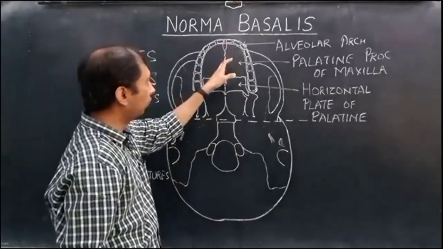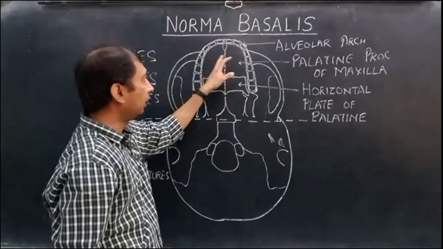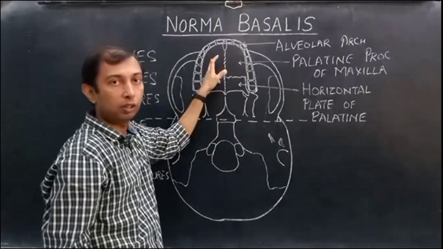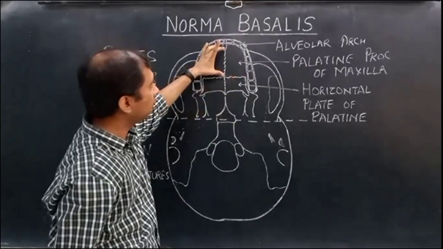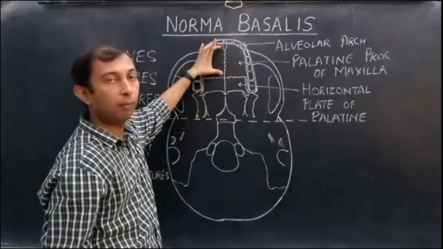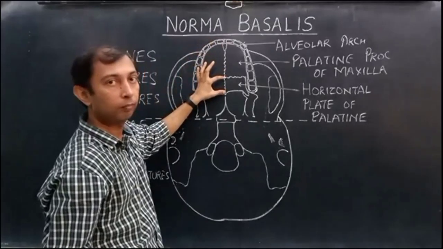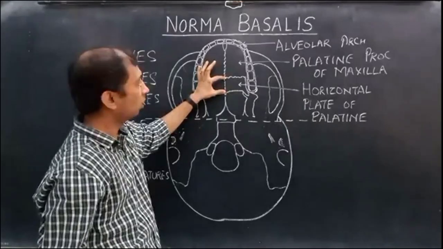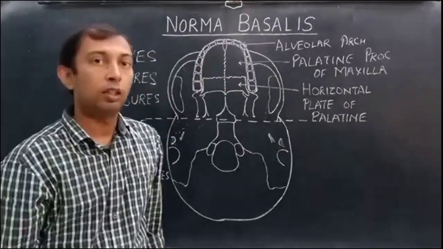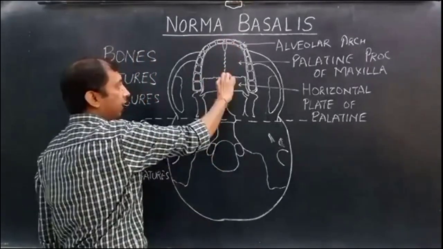So this part of the suture, that is the median suture, is known as the intermaxillary suture, because these are parts of the maxilla bone. So this much here is the intermaxillary suture. What will be the name of this suture, this much? Interpalatine. Very good.